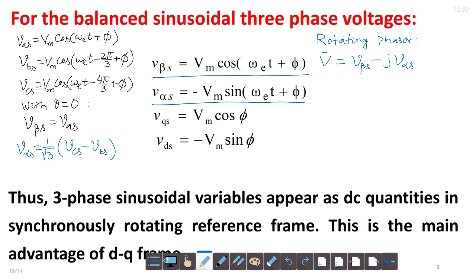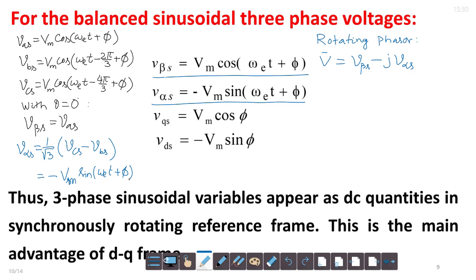So, using that, V alpha s is obtained here as 1 by root 3 times Vcs minus Vbs, which is minus Vm sin of omega e t plus phi.